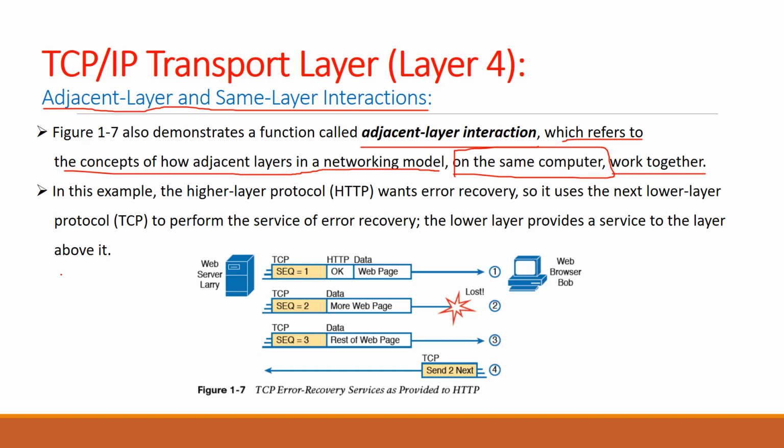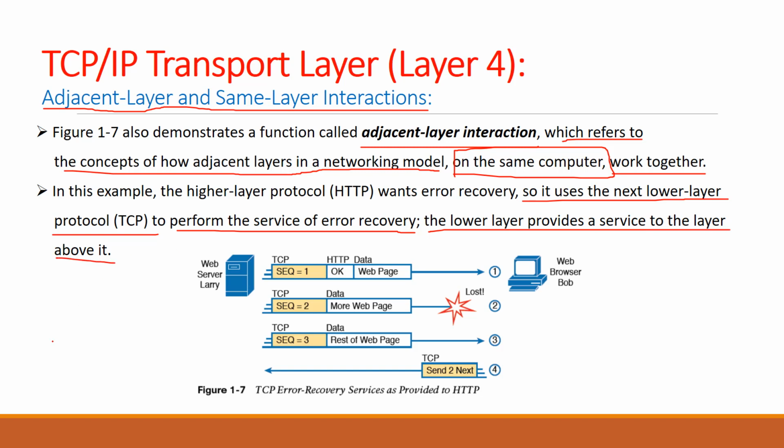In this example, the higher layer protocol HTTP wants error recovery, so it uses the next lower layer protocol TCP to perform the service of error recovery. The lower layer provides a service to the layer above it.